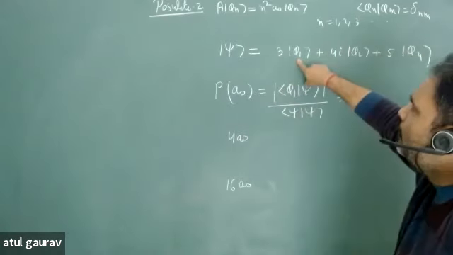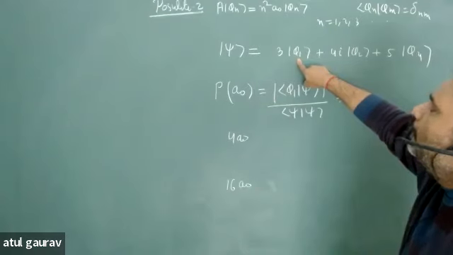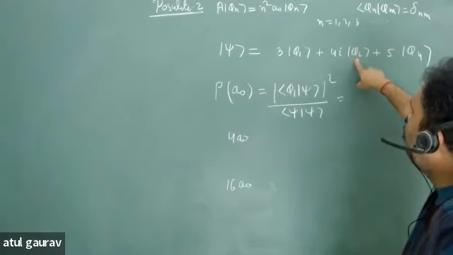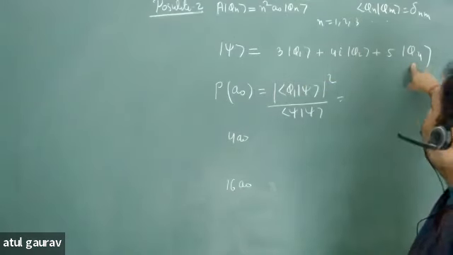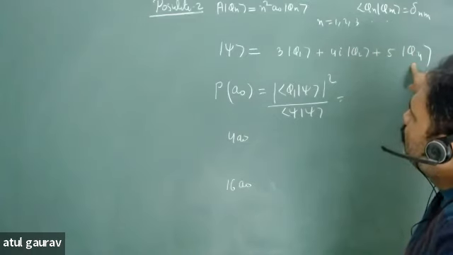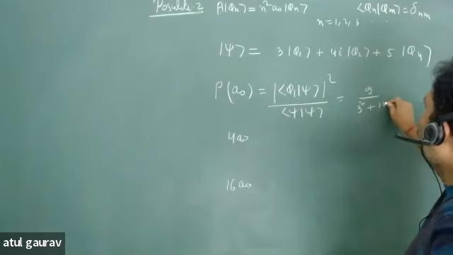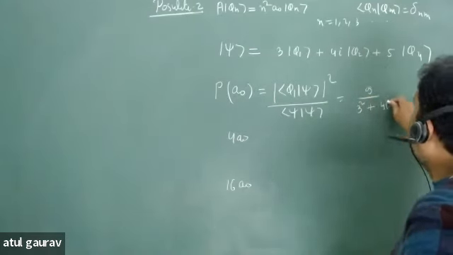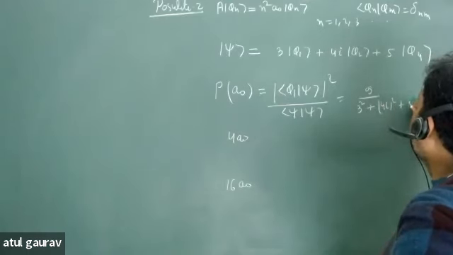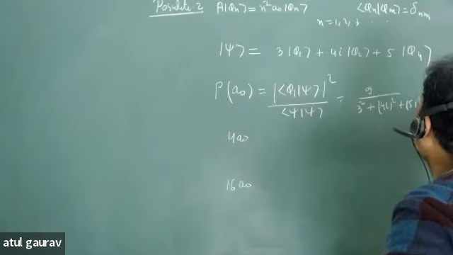Phi 1 ki value kya ho jayegi? 1. Phi 1 phi 2 ki value 0. Phi 1 phi 4 ki value 0. So what you will get? 9 upon 3 square plus mod 4i square plus 5 square. What you will get? 9 upon 50.